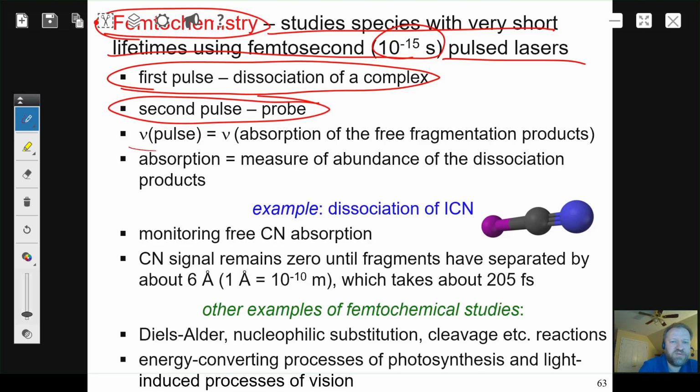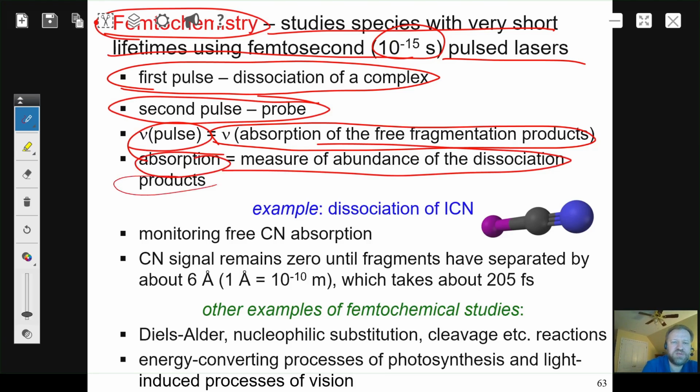So the frequency of the probe pulse is going to be equal to the absorption frequency of the free fragmentation products. And in this case, absorption is basically the measure of absorbance of the dissociated products. The classic example is dissociation of iodine cyanide.